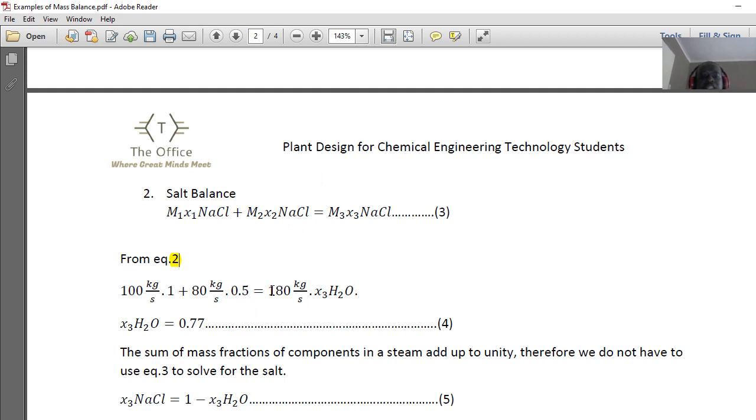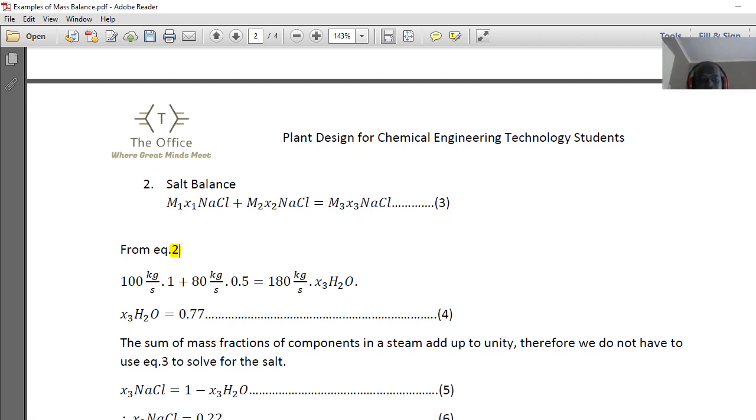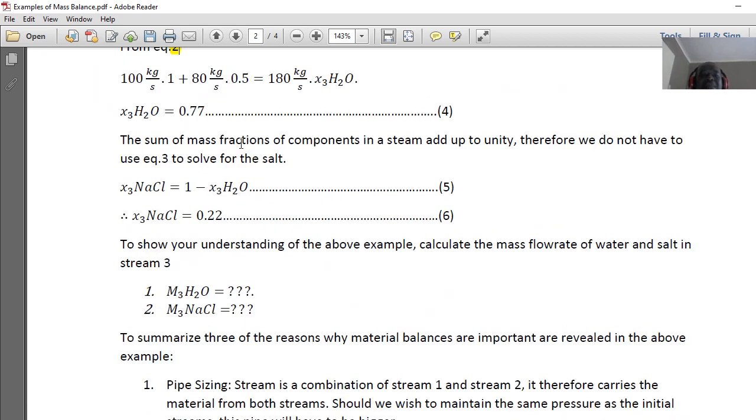Is equal to 180 kg per second, and then times the composition of water in stream 3. This means that the composition of water in stream 3 is what? 0.77 by mass.